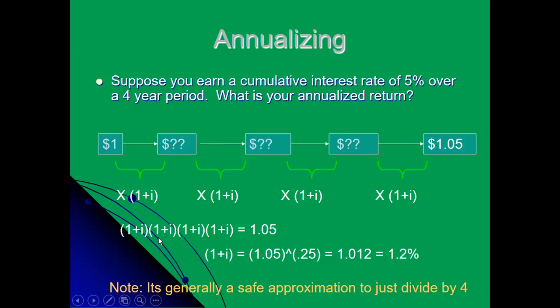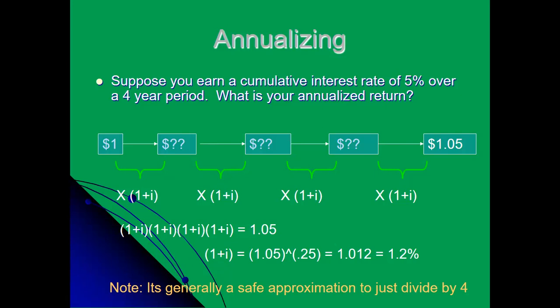So to do this, it's going to be 1 plus I, and then multiplied 4 times for a 4-year period, equals 1.05. And then remember, this is going to be the sum of the 4 in terms of exponent, right?